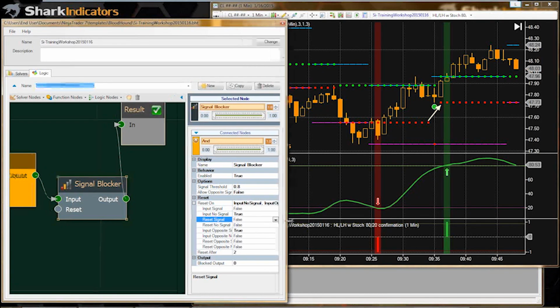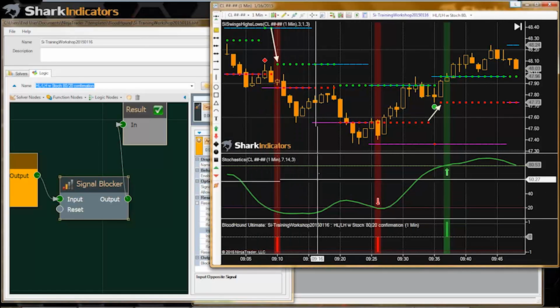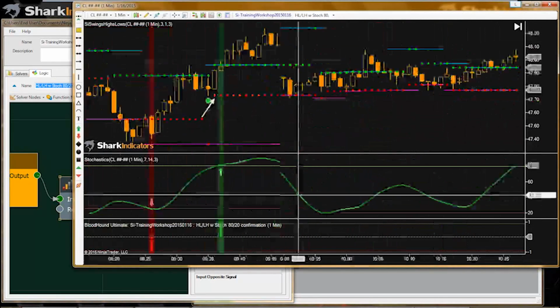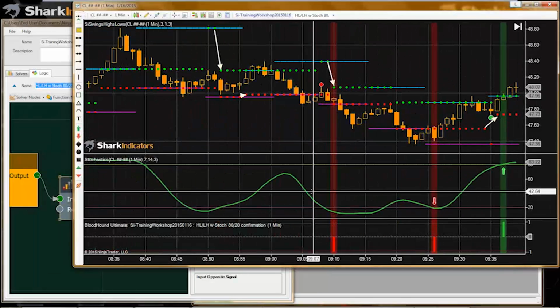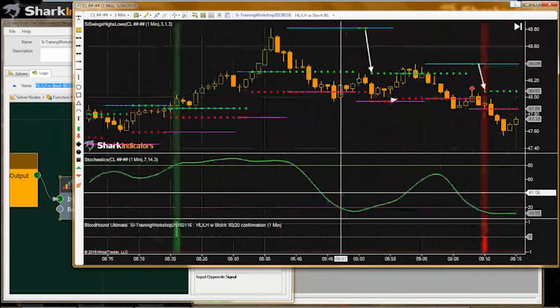Yeah, you could leave it on, it's not really going to do anything. And input no signal, yeah, we can leave that true, and input opposite signal. I doubt we would ever get an opposite signal that quickly. But we can leave that true as well. So there, that kind of cleans it up nice. One nice clean signal there, like so.